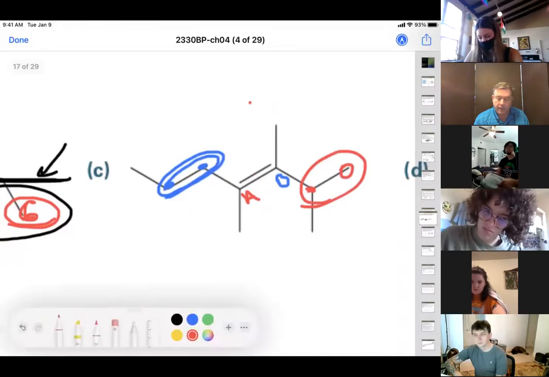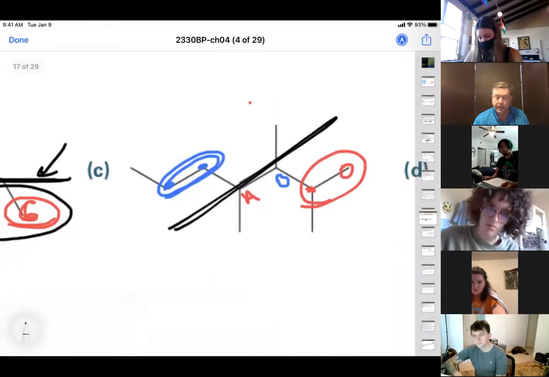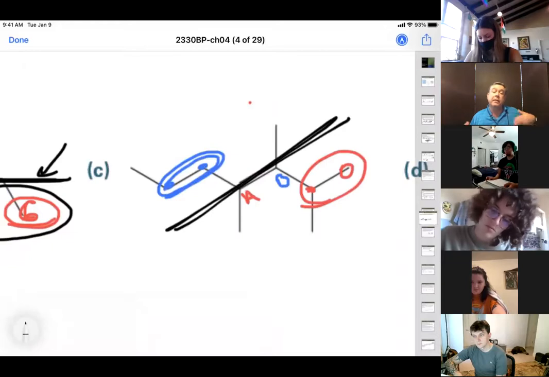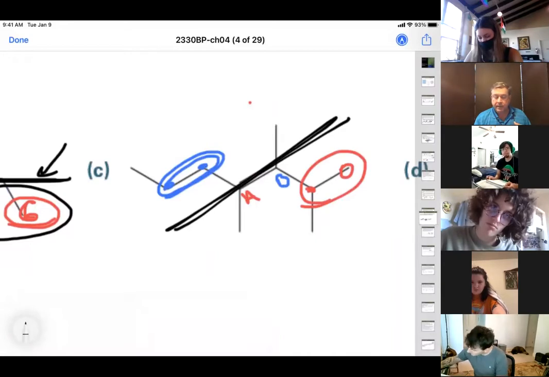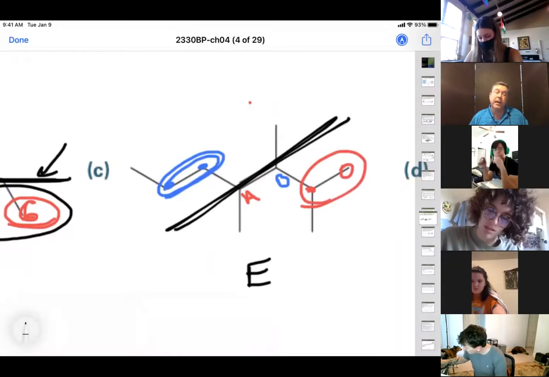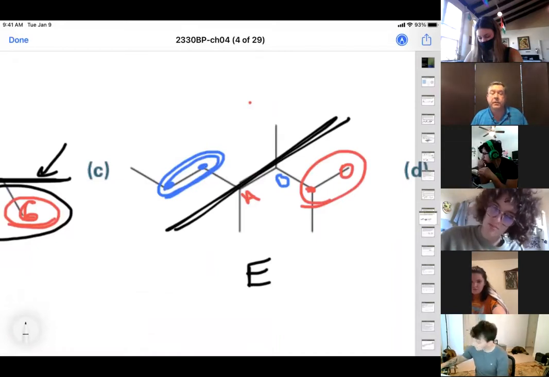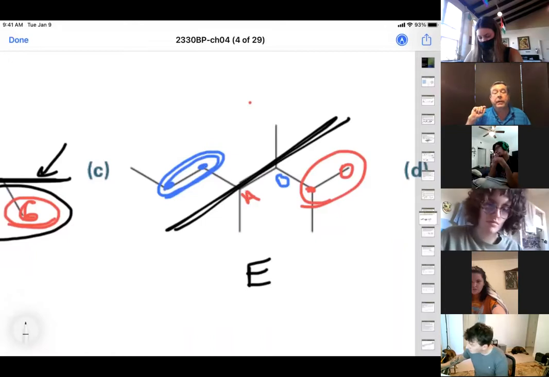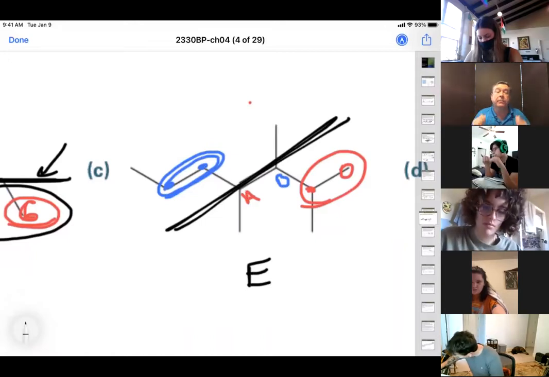They are on opposite sides of our axis here, meaning that they are what? E. E, correct. Okay, so you see the process here. You have to make sure that things are on the same or opposite sides of the axis created by the two carbons of the double bond, but you have to assign priority to the groups on each carbon first.